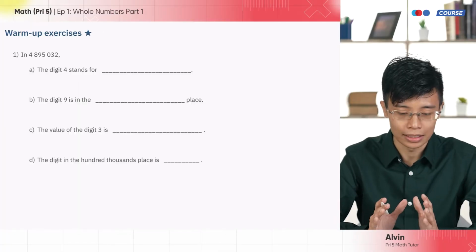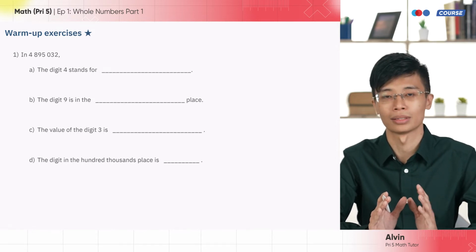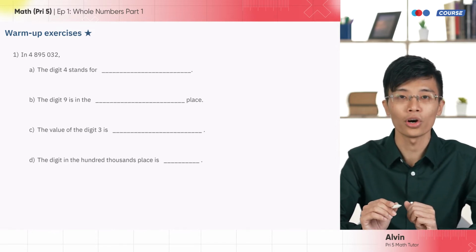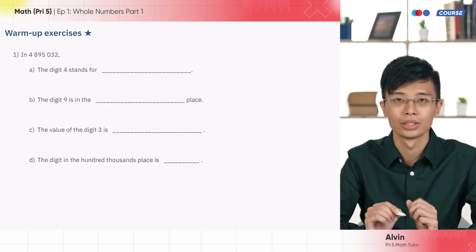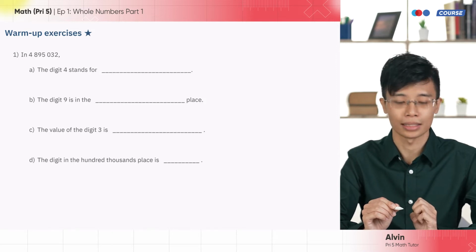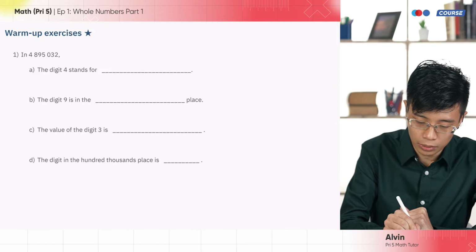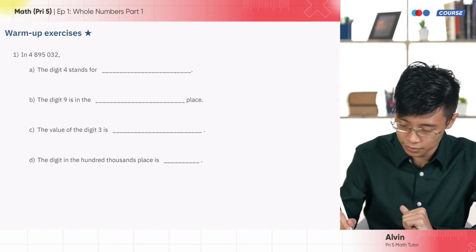In the first warm-up exercise, question 1, we have a 7-digit number, 4895032. Part 1A is asking what the digit 4 stands for. The keyword here is stands for.